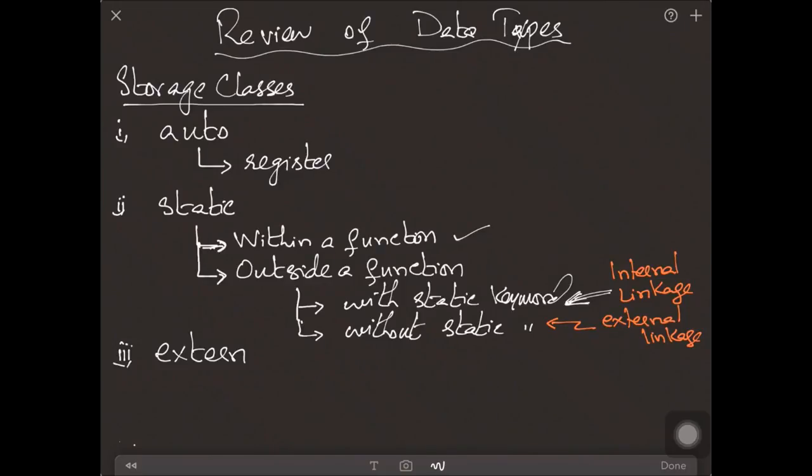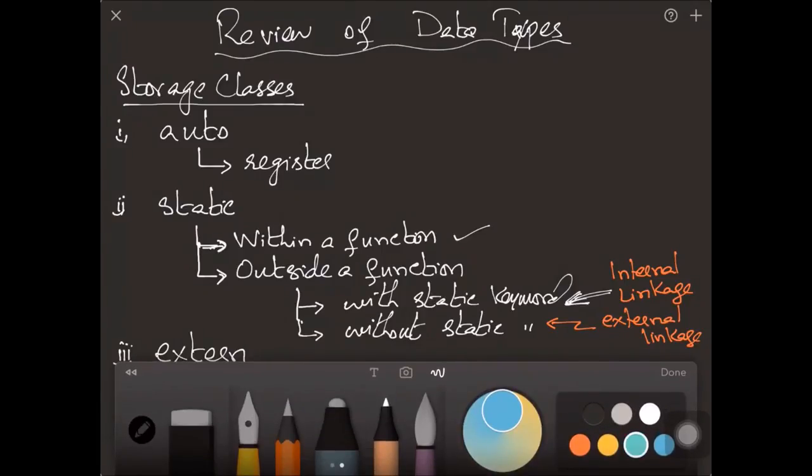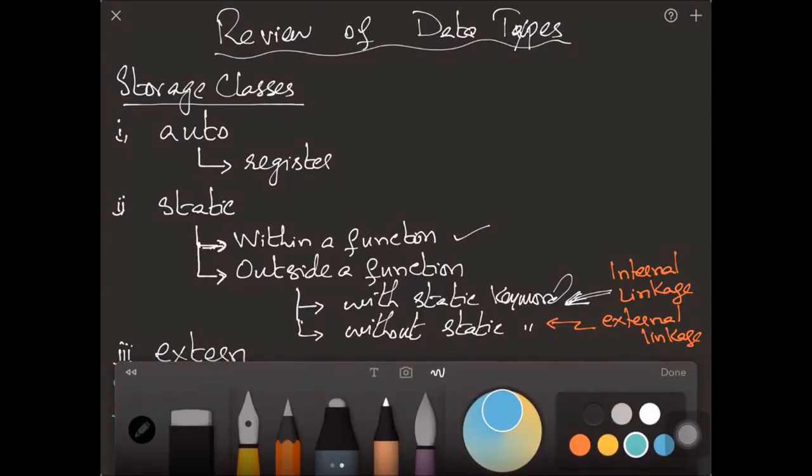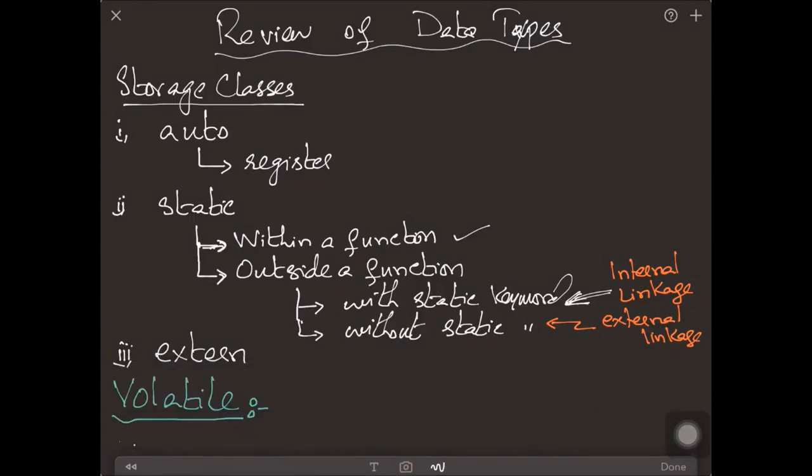This discussion will remain incomplete if I do not talk about the volatile keyword. Well, this is the second thing which I probably missed. We did talk about type specifiers.